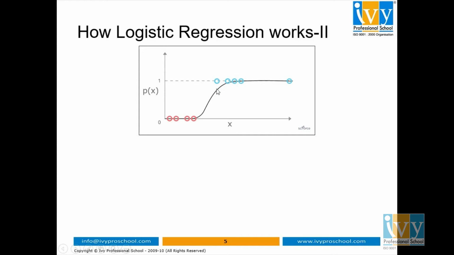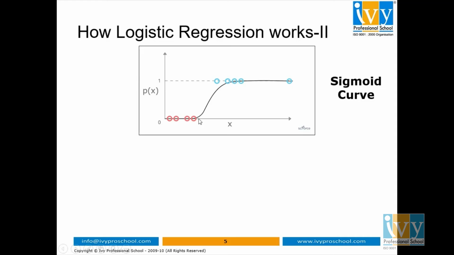What this black curve, or this sigmoid curve, does is it computes the probability of occurrence of these red circles, zeros, or these blue circles, ones. There is a threshold, which is normally 0.5 in the middle, above which the probabilities correspond to occurrence of ones, and below 0.5, it refers to occurrence of zeros.